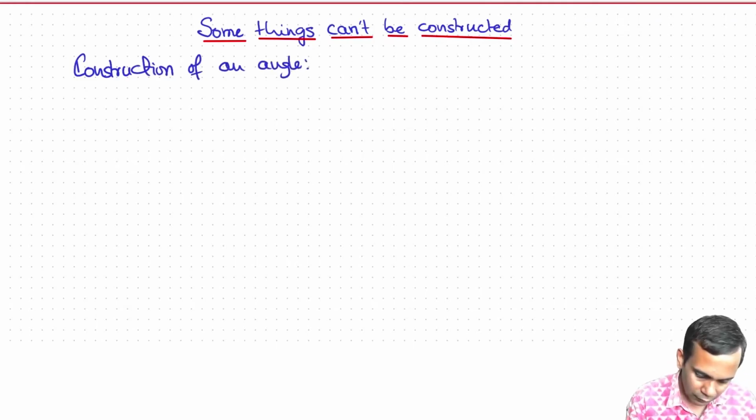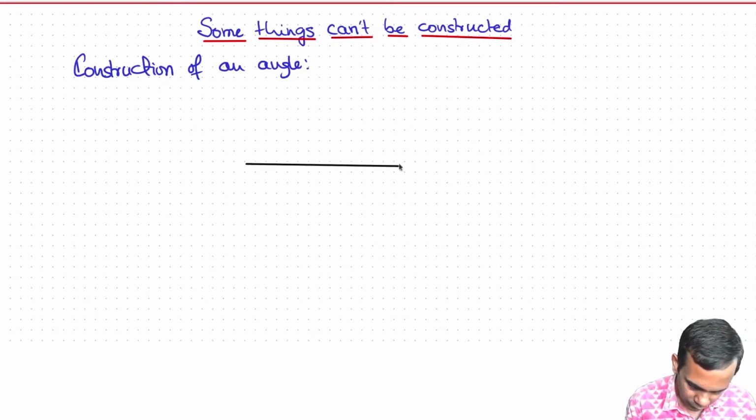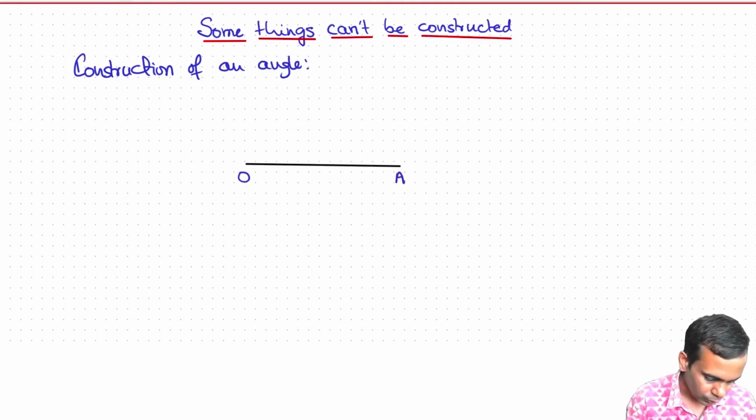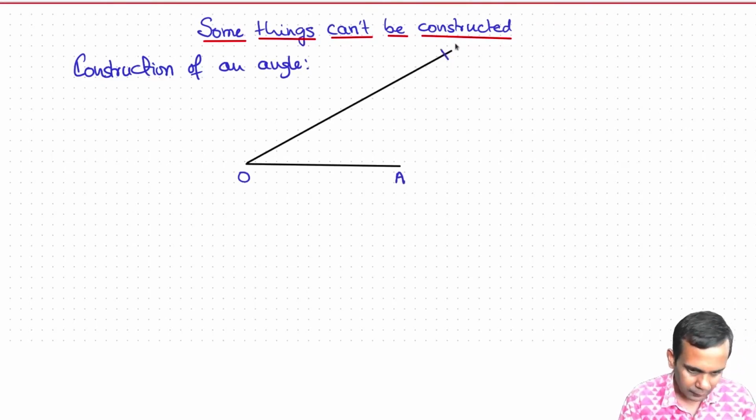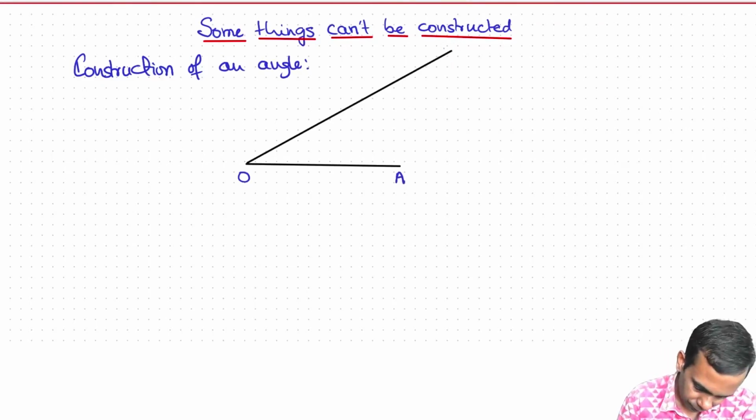So let's start with our usual two points which are given to us, namely O and A. And let's say we want to construct an angle theta. So we just construct angle theta here.